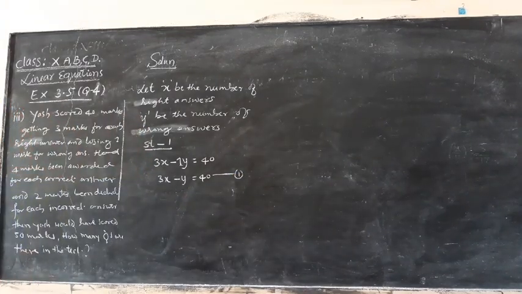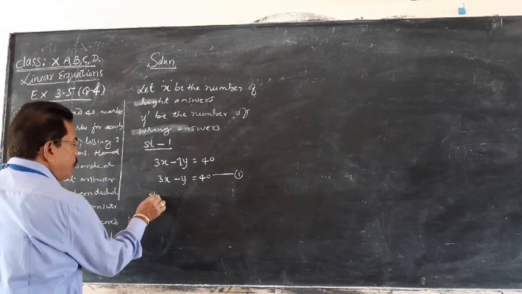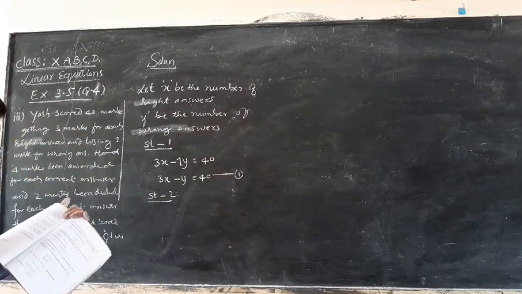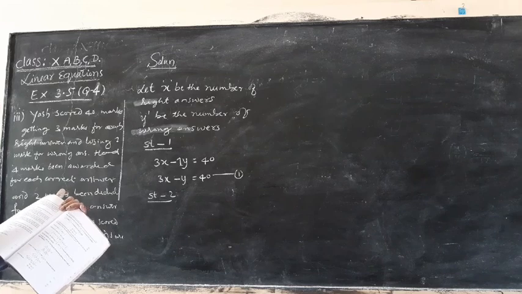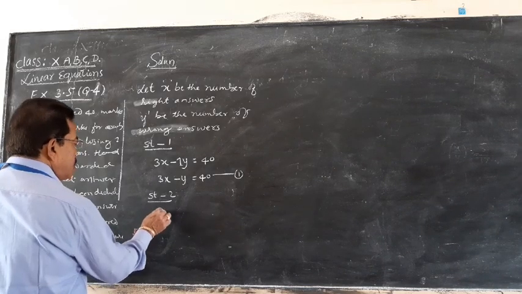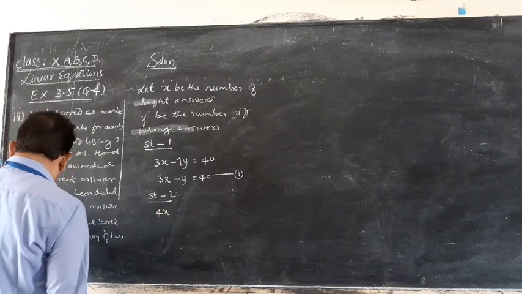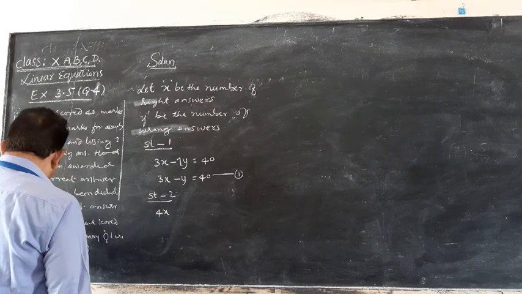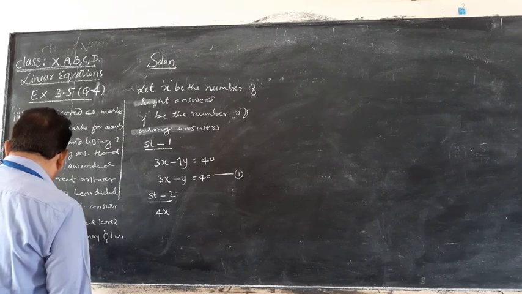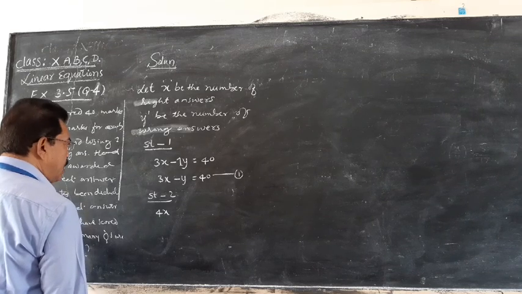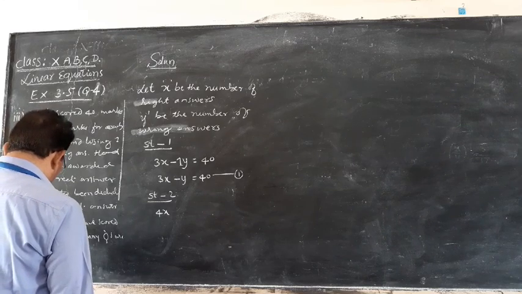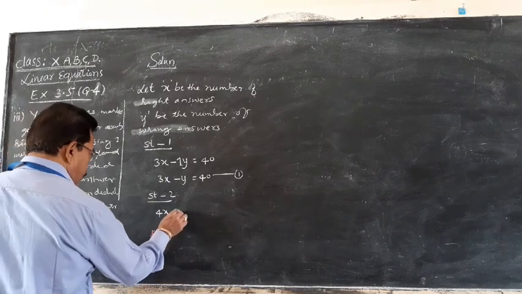In statement 2, 4 marks for correct answers, that is 4x. 2 marks being deducted for each incorrect answer, that is 2y.